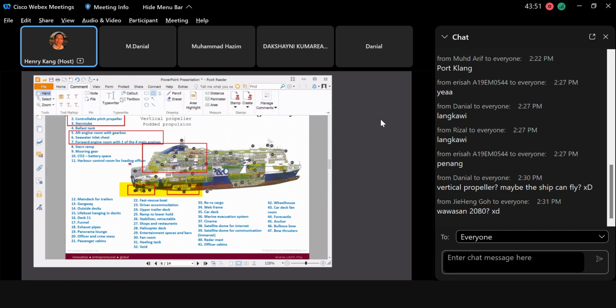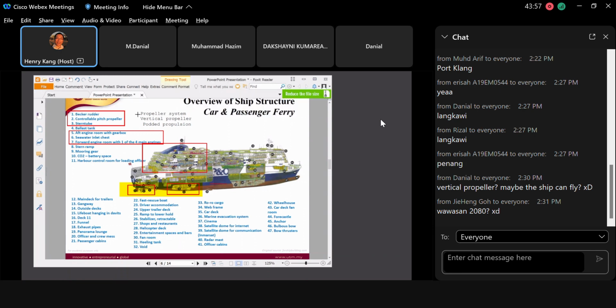But if you look at warships, especially warships, if they need very fast reactions, to manage rotations at a very small turning radius, normally they will use what? They will use a vertical propulsion system.